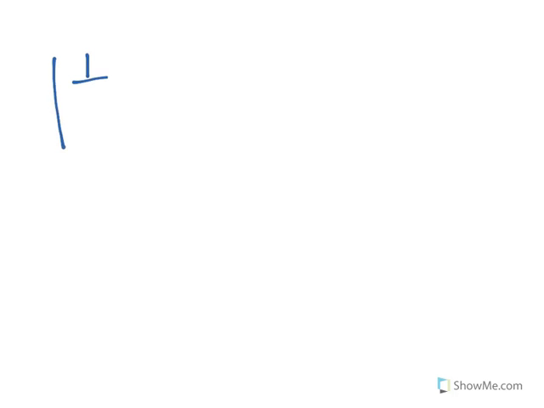So if we have 1 and 1/2 and we want to convert it to a fraction greater than 1, the first thing that I do is I focus on my whole number and my denominator. So I'm going to take those two numbers and multiply them. 1 times 2 is 2.